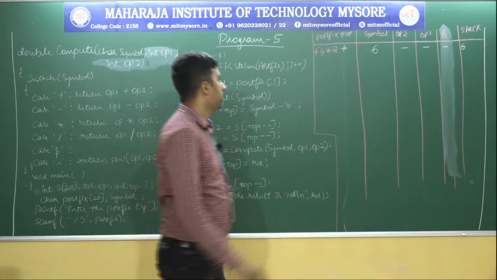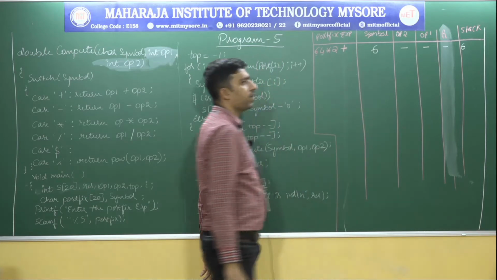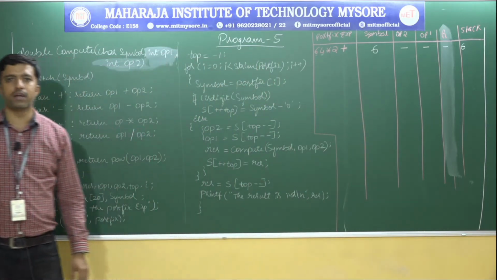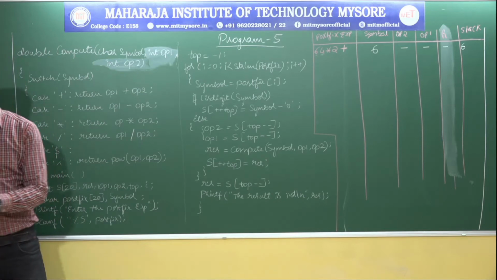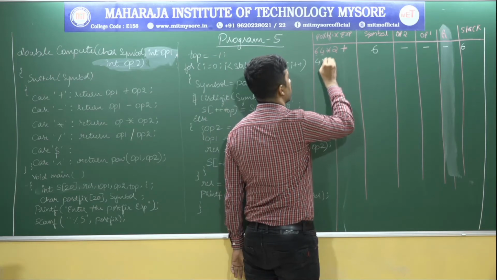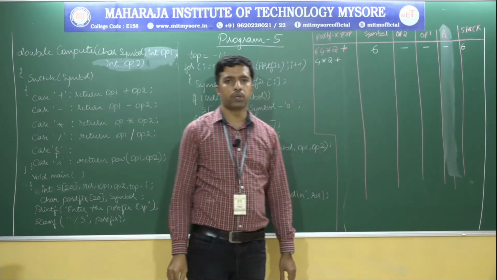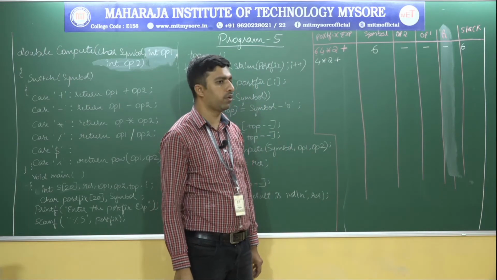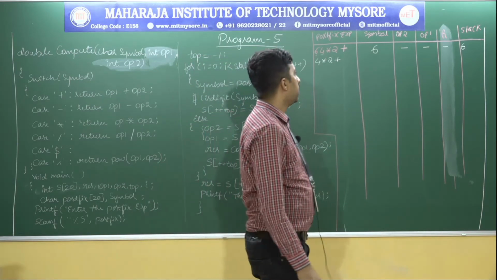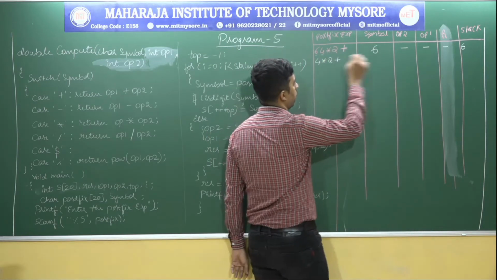When that is pushed, what is left out? When 6 went out, it is left with 4 * 2 +. Now the next scanned element is 4.